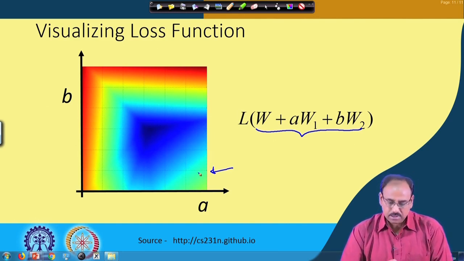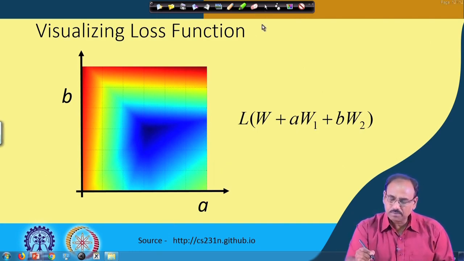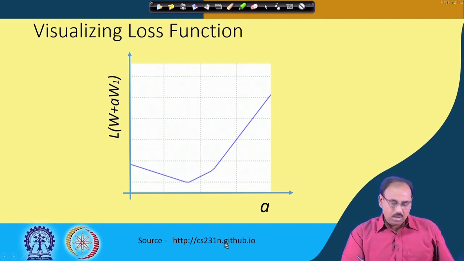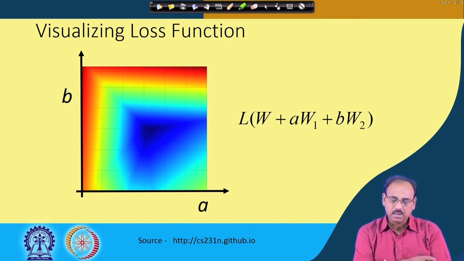In both cases, whether I take the previous one, where the loss function is a convex function and has a minimum somewhere over here, or the next one, the visualization of the loss function in a plane, you find that here again the loss function is a convex one.